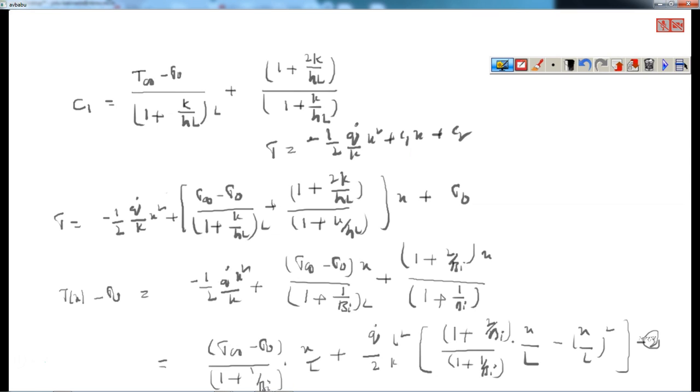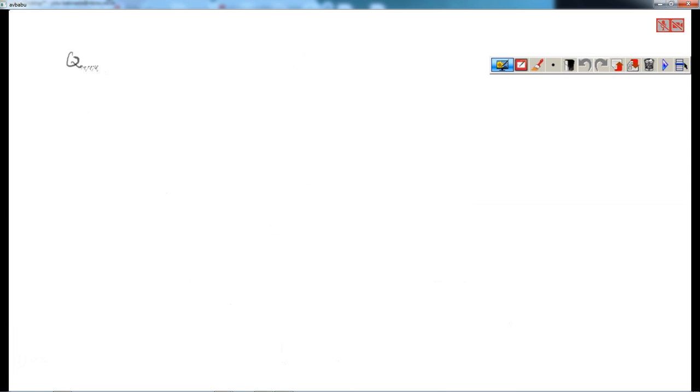Now with these assumptions, if I take the heat flux, what is that heat flux? Q by A, dT by dx, right? dT by dx we already know at x is equals to 0.